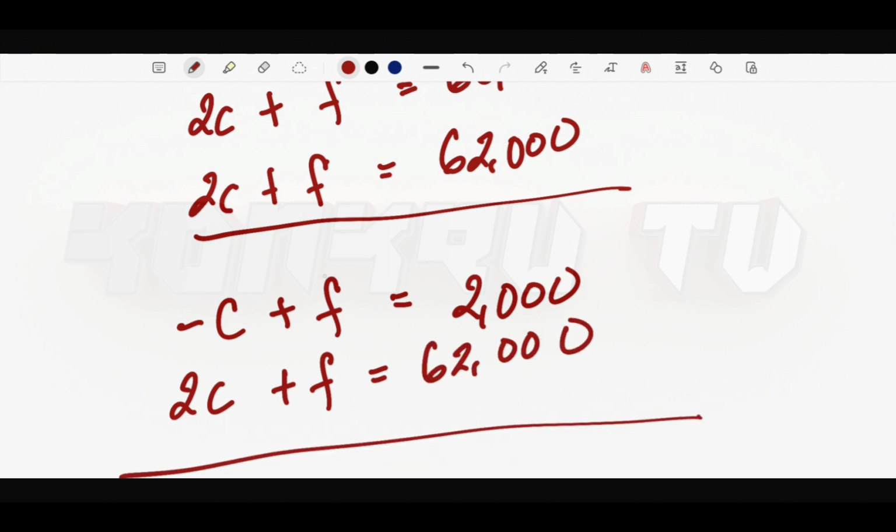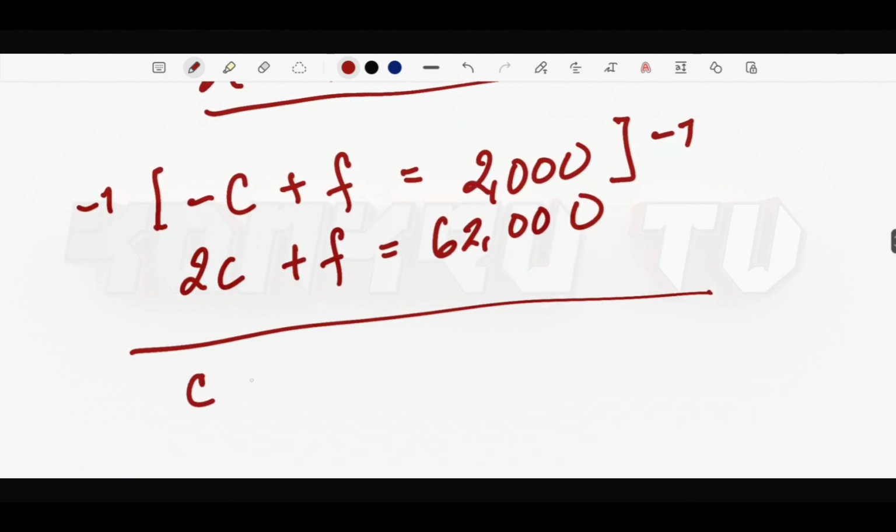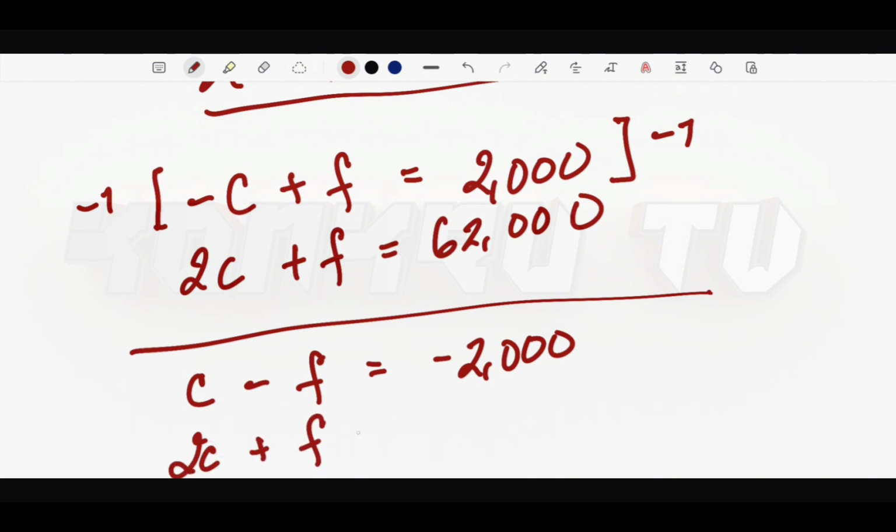Okay, so gusto kong ma-cancel or i-zero itong F. So i-multiply ko siya sa negative 1. Okay, so magiging C minus F is equal to negative 2,000. Then 2C plus F is equal to 62,000.